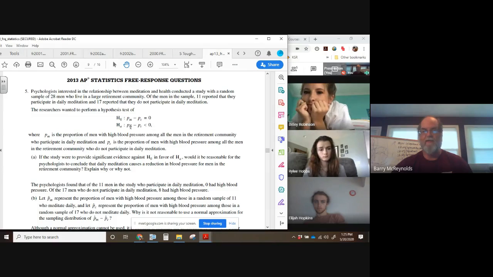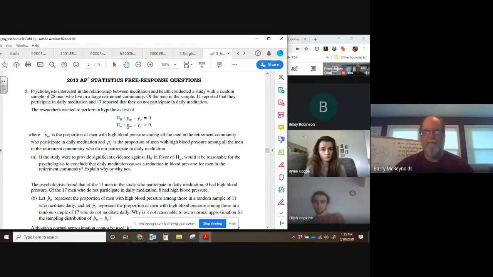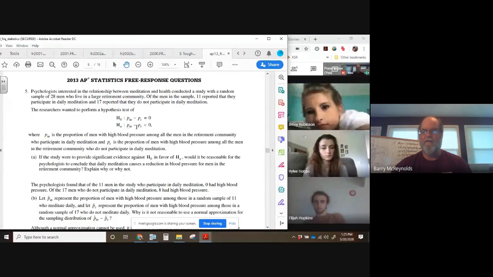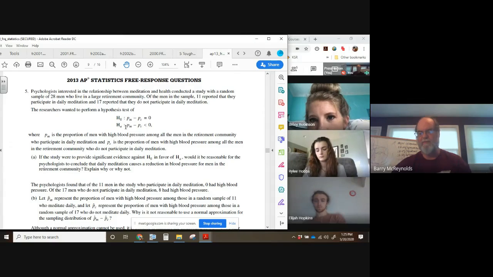And that's what you would expect. If the blood pressure of the men who meditate is lower, then this difference will be a negative value. Okay. And so again, you have to make sure you understand what PM and PC mean. It's really the proportion of men with high blood pressure. So that proportion should be negative if meditation helps. I guess that's the way to look at it.